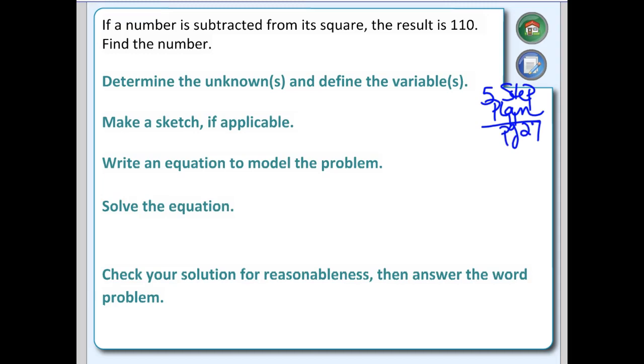So let's go ahead up here and read our problem. It says, if a number is subtracted from its square, the result is 110, find the number. Well, back in chapter 1, we learned how to dissect these word sentences to make a math equation. What is the most important word up there that I need to box that shows me equal?